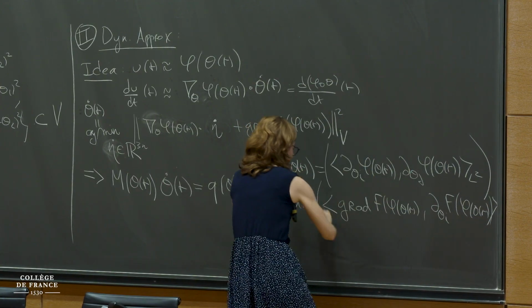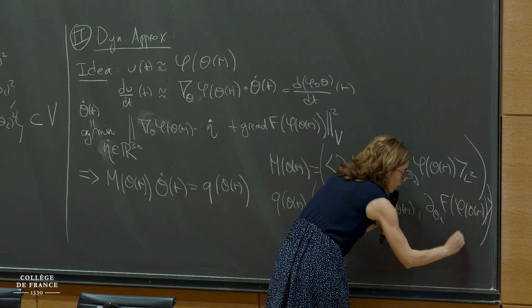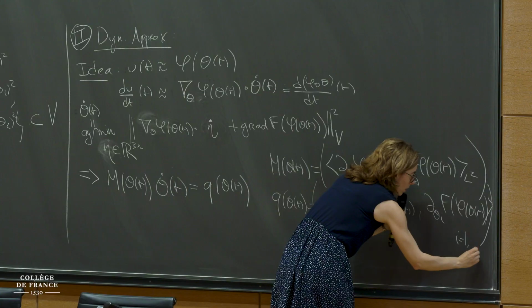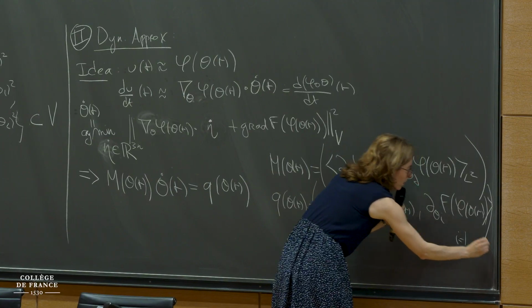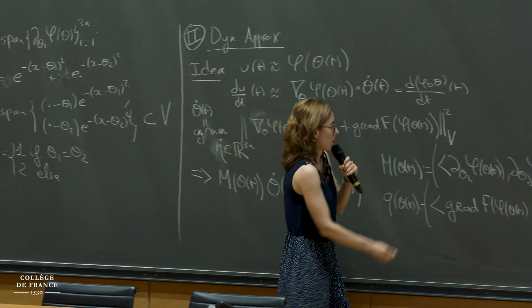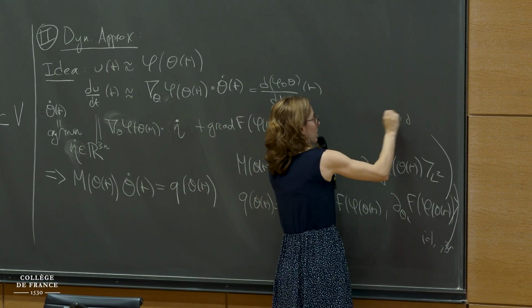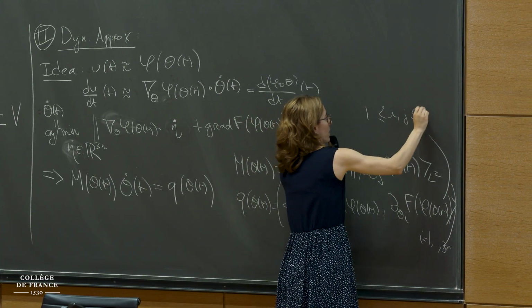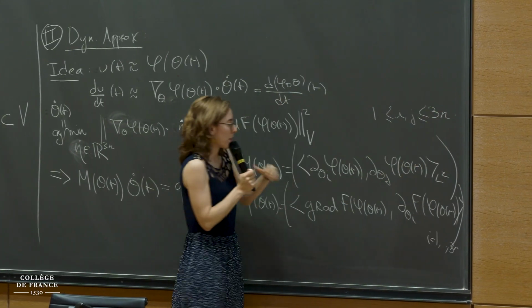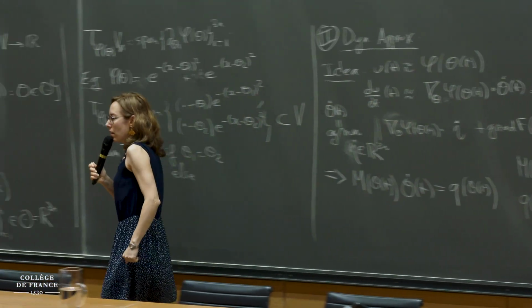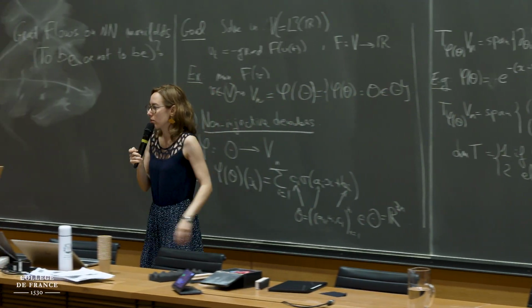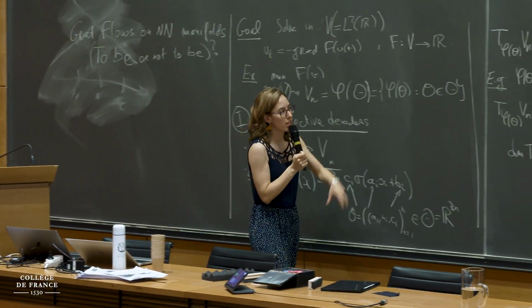And so this is a vector here, from i equals 1 to 3n. Okay, so this is a matrix with indices ij ranging for all the parameters theta i that I have to take. Okay, so this is like a gram matrix.